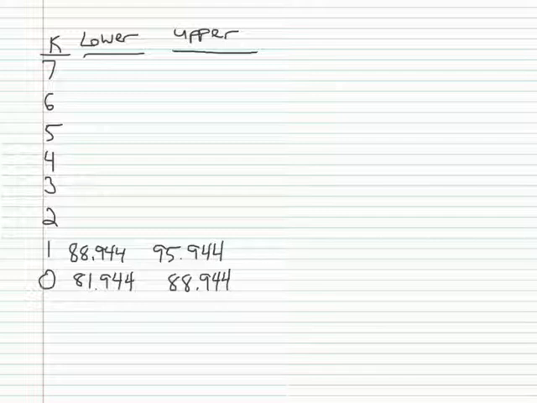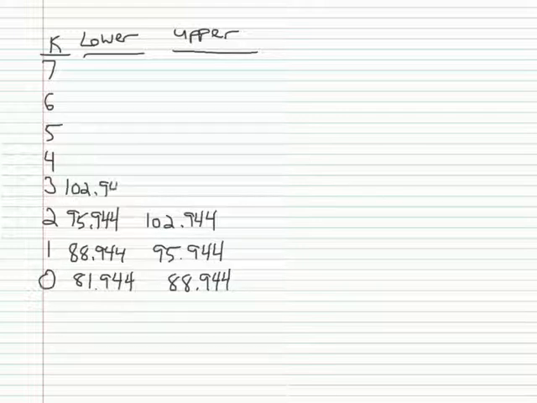Carry that up to the next interval, 95.944, and then add 7 more, 102.944. Add 7 again, and move it up.